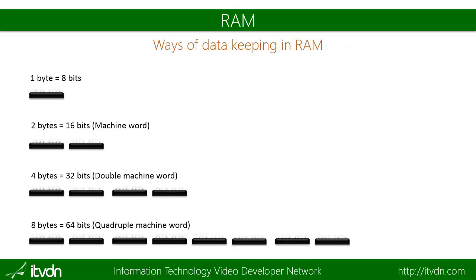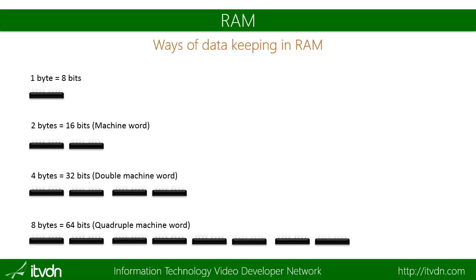There are different ways of keeping data in a RAM. Basically, 4 ways. You can either store it in 1 byte, 2 bytes, 4 bytes, or 8 bytes. Remember that 1 byte is equal to 8 bits, 2 bytes 16 bits, which is also referred to as a machine word. 4 bytes is equal to 32 bits, also known as double machine word. 8 bytes is equal to 64 bits or quadruple machine word.